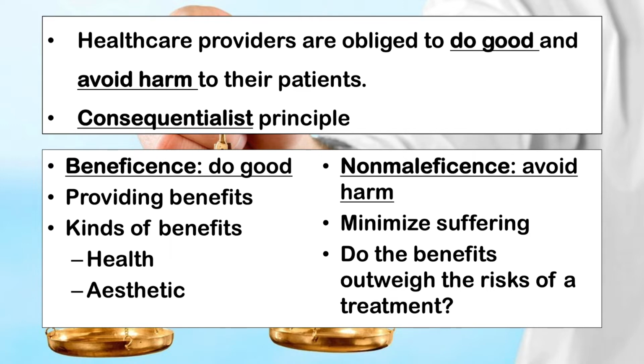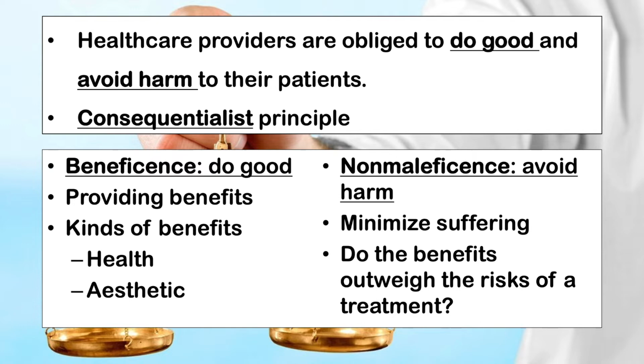So on the other side of this consequentialist framework, we have the principle of non-maleficence. That's a principle that tells us we need to avoid harm. First, do no harm. So here we're looking at what actions are going to minimize the suffering of the patient. What actions are going to be such that even if some harm comes out of them, the benefit outweighs that harm.